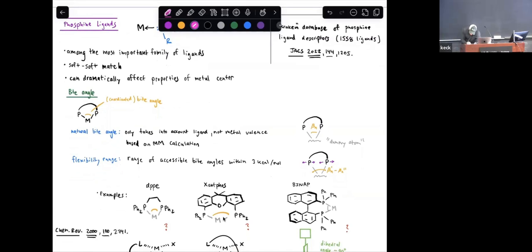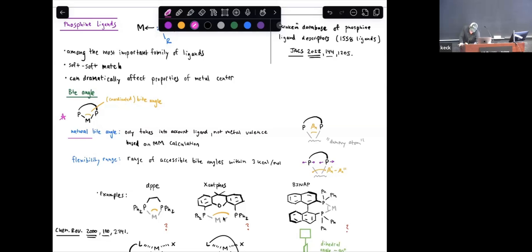And bite angle, I've tried to depict it here, refers to this angle that's formed between the two arms of the phosphine as they're coordinated to the metal. There's the coordinated form of bite angle, and then there's what's called the natural bite angle. And these are not equivalent. So this is important just to spend a minute unpacking.